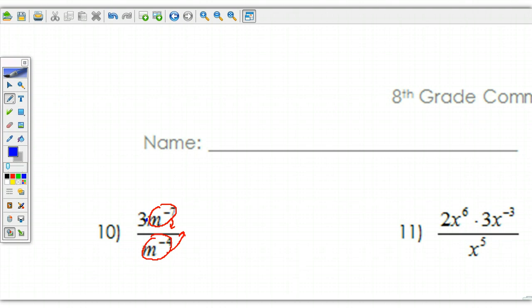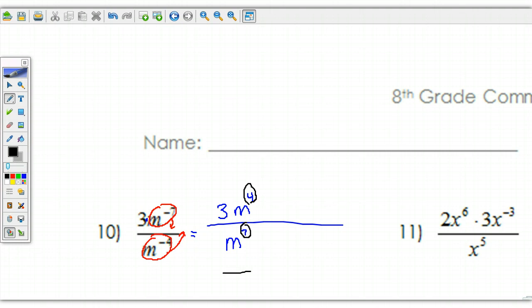The actual exponent of 3 is just 3 to the first, positive 1. So we'll rewrite a new fraction bar here, put the 3 on top. The m to the negative 7 is going to go to the bottom and become positive, and the m to the negative 4 is going to become positive and go up. So bottom going to the top, top went to the bottom, they both became positive exponents.